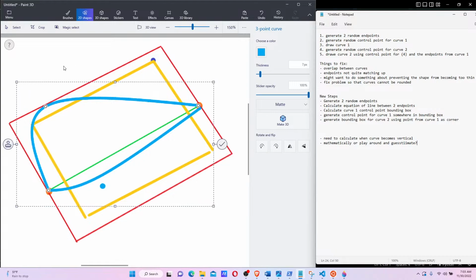So, I need to calculate when the curve becomes vertical. So, calculate control 1 curve point, control 1 point bounding box. Okay, so, use the line between control points with, say, 30% of the ends chopped off.